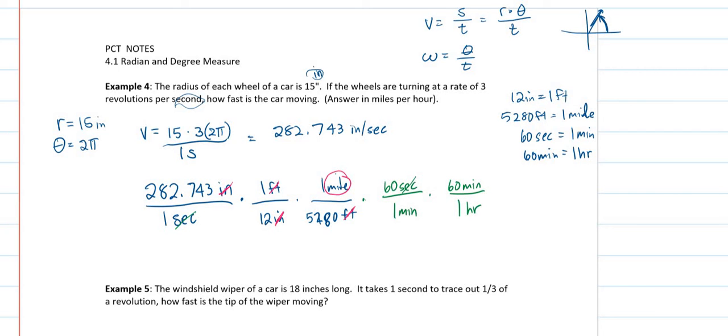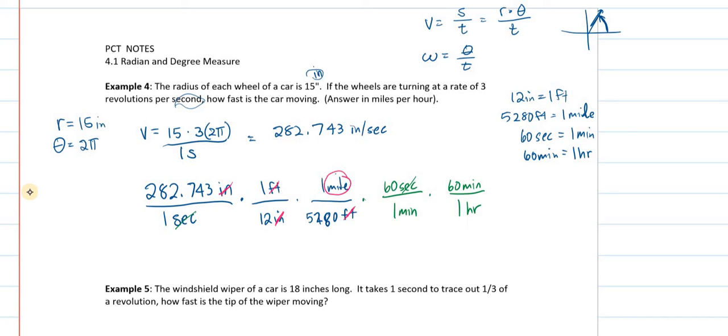So when I put this into my calculator, the easiest thing to do is just to multiply by everything that's in the numerator. So we'd have 282.743 times 60 times 60, and then divide by everything in the denominator. So hit divided by 12 and then divided by 5,280.